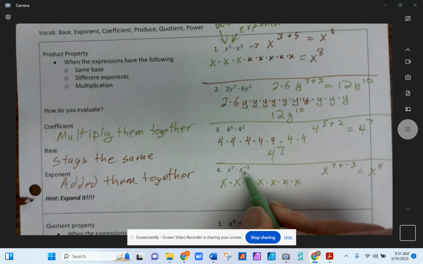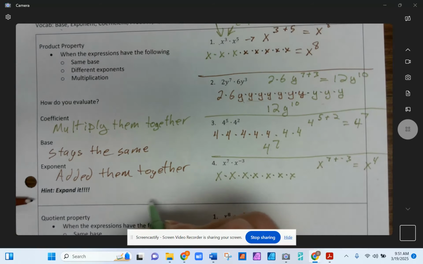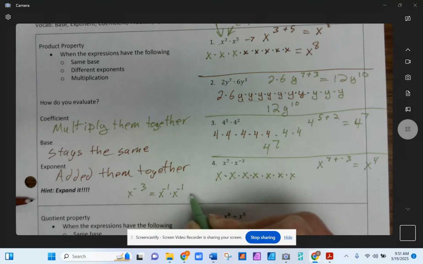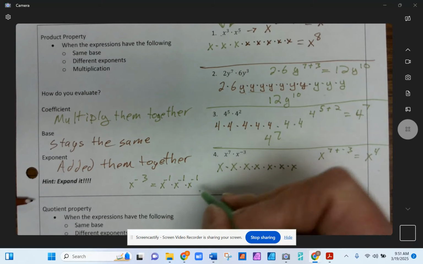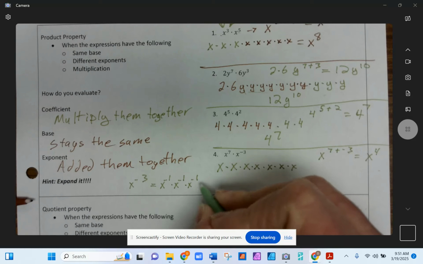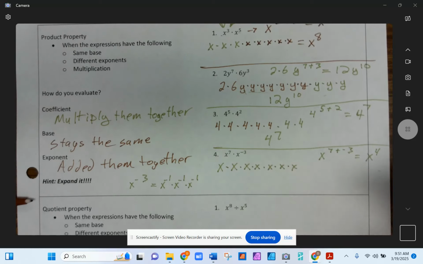Now, when you put this in expanded form, it gets a little weird, right? So let's show it as x to the power of negative 1 times x to the power of negative 1 and x to the power of negative 1. Now, we've talked about how to deal with negative exponents before. The idea is that you switch them to the bottom of the fraction, make the exponent positive, and make sure you leave a 1 on top, right?